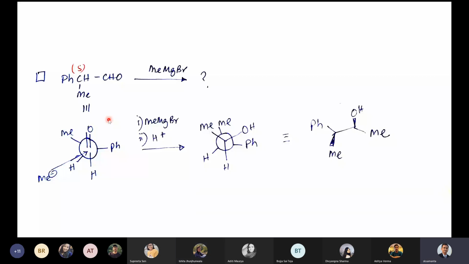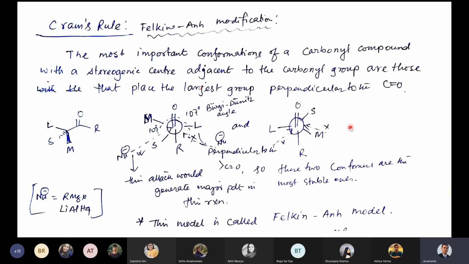The front carbon, actually I should have written in a Sawhorse projection sort of formula like this. If I write this one in this way, it would be easier. Let's see if this has the S. If L is phenyl, and this is methyl, it is basically the same. Let's say L is phenyl.